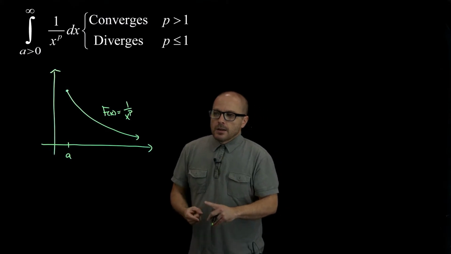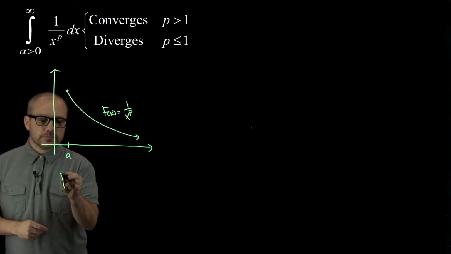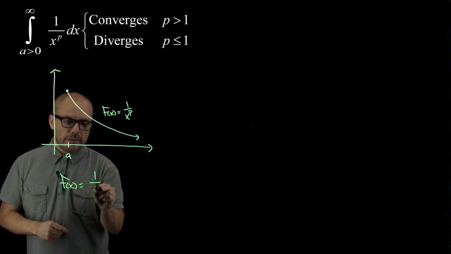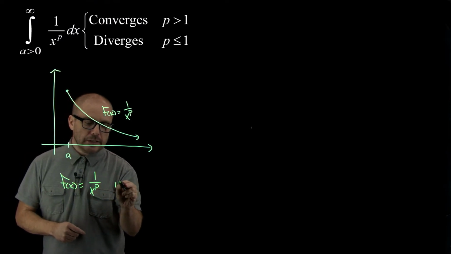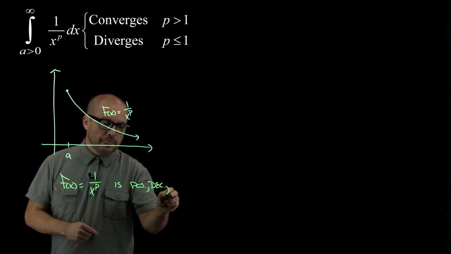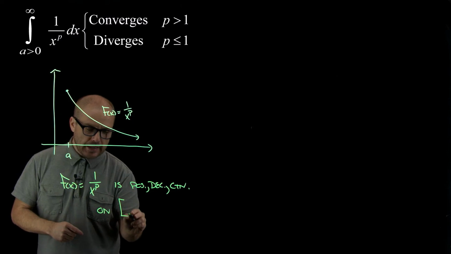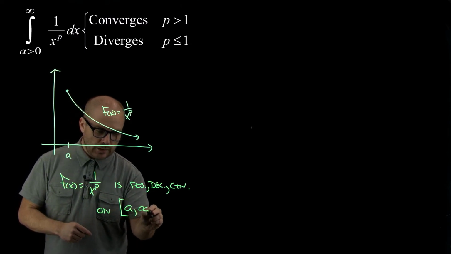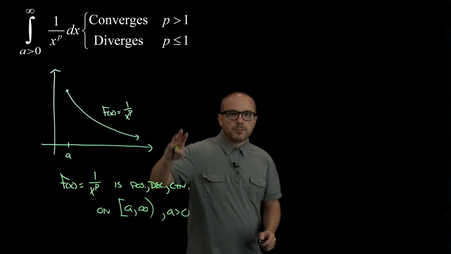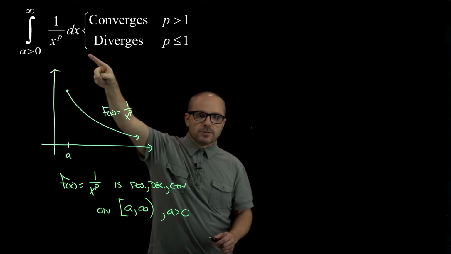Well, we just looked at the integral test that said if the function is positive, decreasing, and continuous, well, that reciprocal power function is positive, decreasing, and continuous on the interval starting past that asymptote, so from a to infinity, where a is bigger than 0. So this is something that you could do the integral test on, but we already know when it converges or diverges.